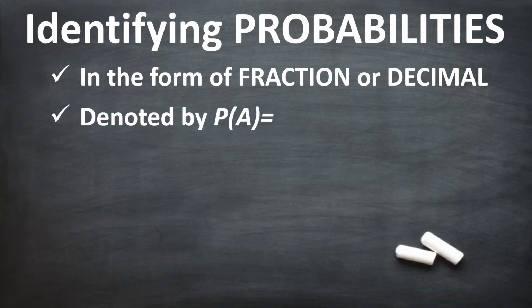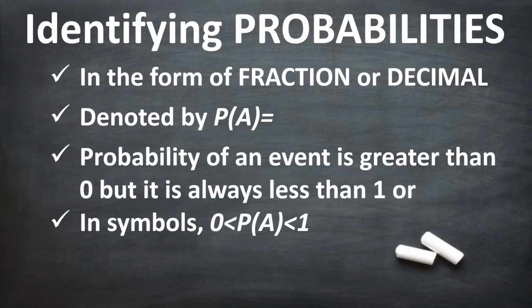So denoting a probability or naming a certain probability, we denote it as the probability of A or P of A. You must also take note that the probability of a certain event should be greater than 0, but it is always less than 1, or in symbols, probability of A is greater than 0 but less than 1.